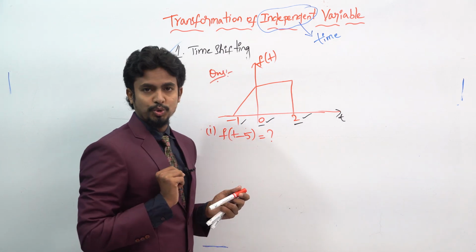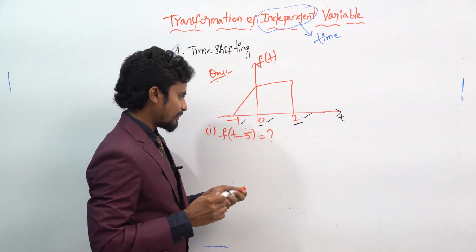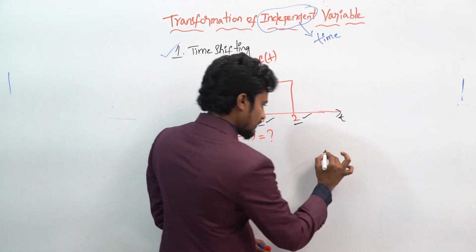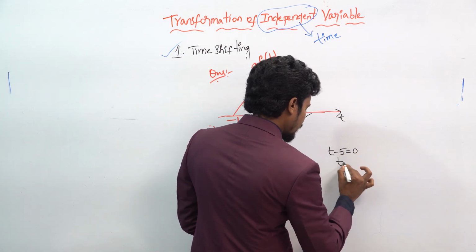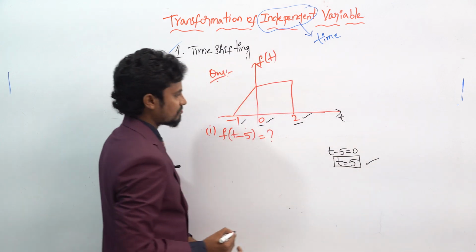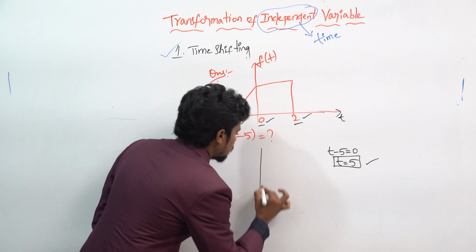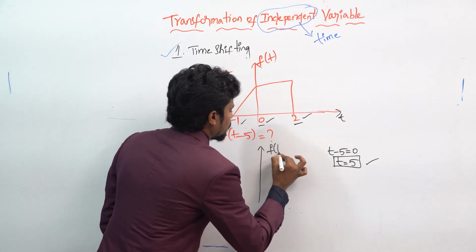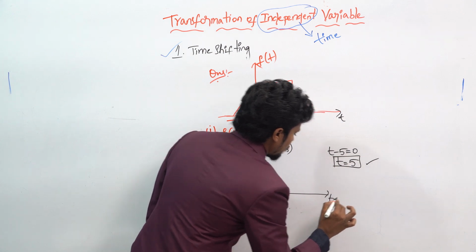The first step is to take the bracket value equal to 0. That means t minus 5 equals 0. T is equal to how much? T is equal to 5. Next, here this is f of t minus 5, and this is t.